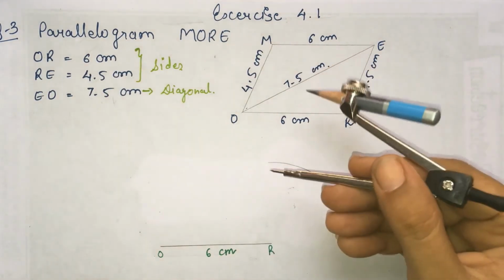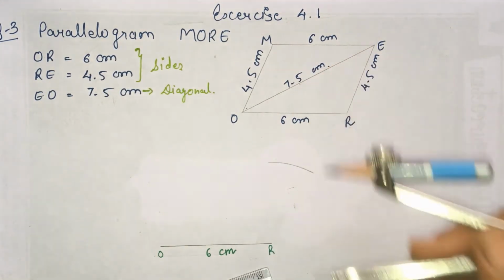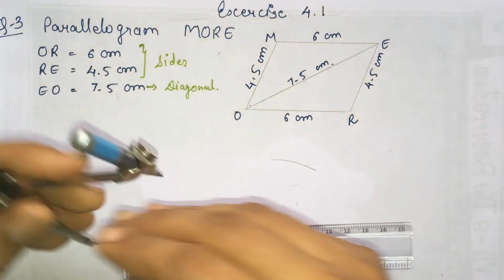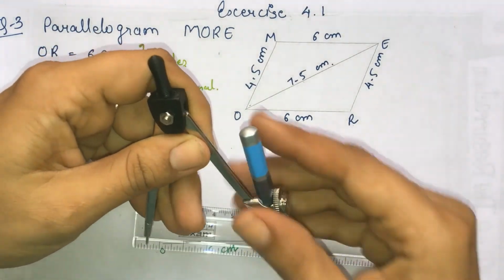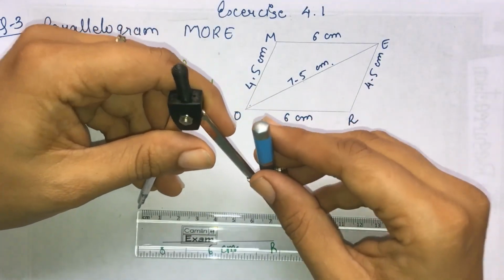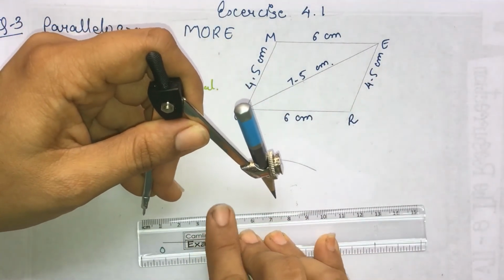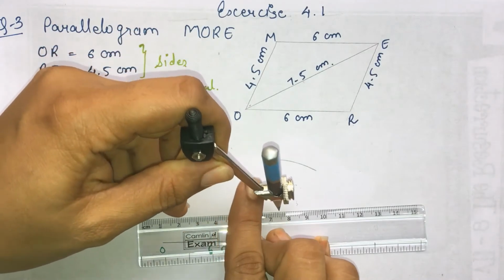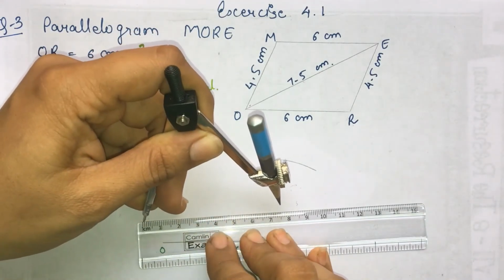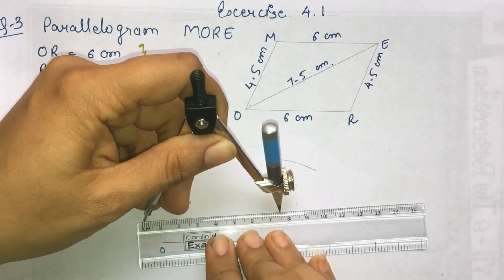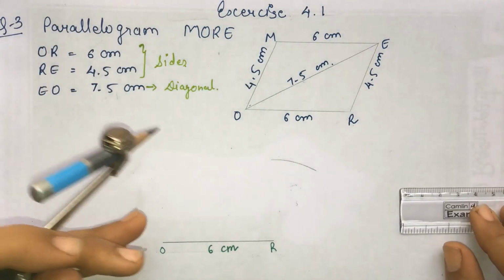Next, we have to draw this 7.5 centimeter. So I'll take the measurement of 7.5 centimeter. This you can see, this is my 7.5 centimeter.